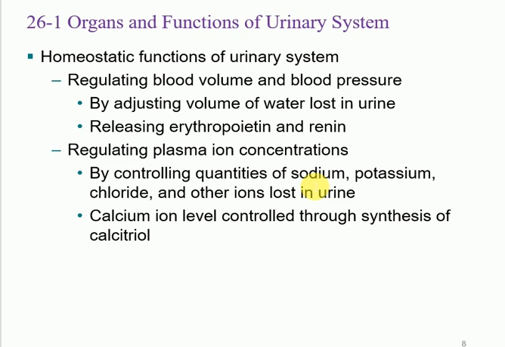By doing that, besides the composition, you're controlling also the volume and the pressure of the blood. So we're controlling three things now, right? Composition, volume, pressure. Composition, volume, pressure, right?